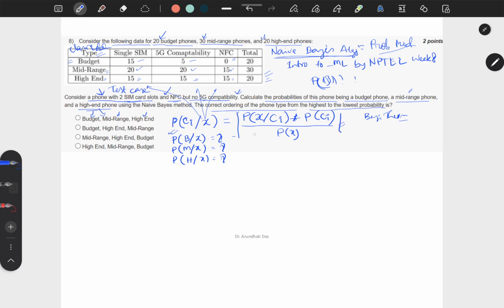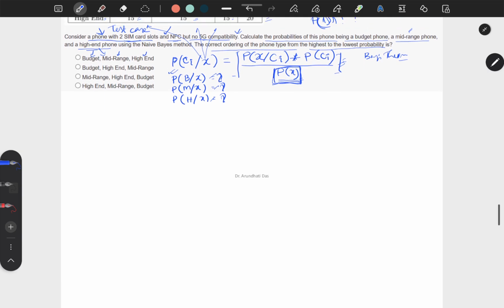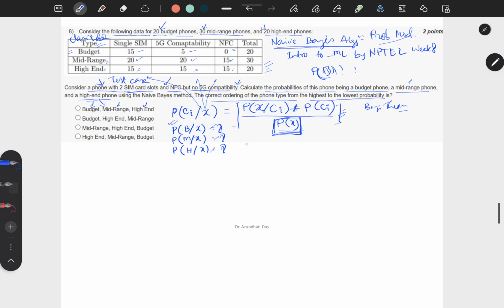Now, for all these three probability values, the denominator, probability of x, is a constant value. So we will not waste time calculating P(x), because it divides all the values on the right hand side. We can skip that and modify the formula to the probability of x given the class level multiplied by the probability of the class level.